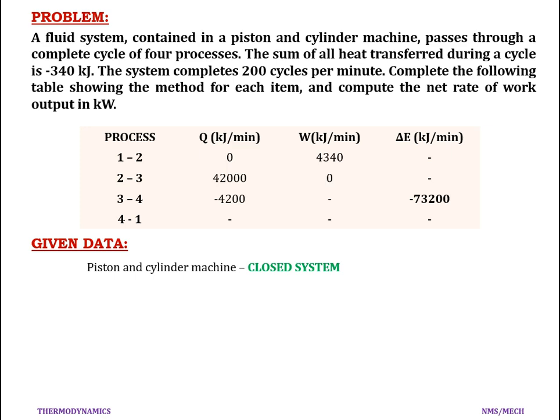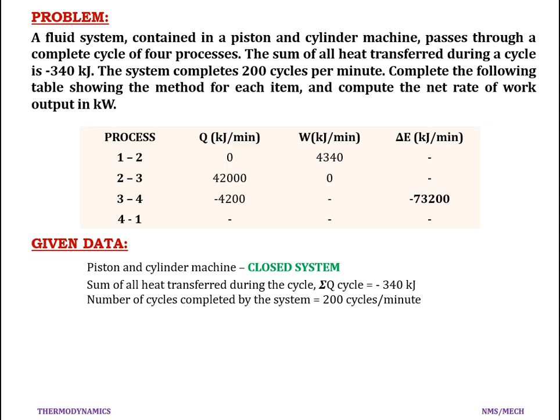Next, for each cycle, the total heat transfer, that is the sum of all the heat transfer during a single cycle, is given as minus 340 kilojoule. Therefore, summation of Q, the total heat transfer for a single cycle, is minus 340 kilojoule. The number of cycles completed by the system is 200 cycles per minute. For a single minute, the system completes 200 cycles.